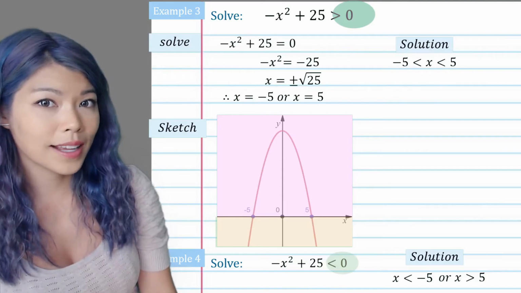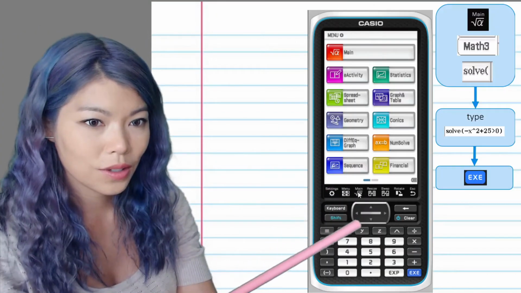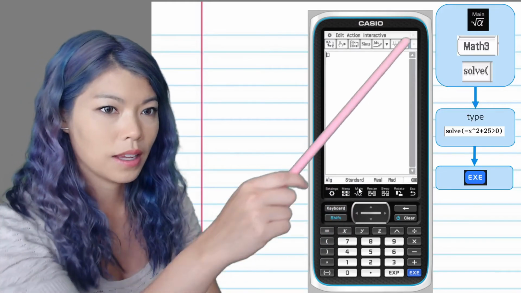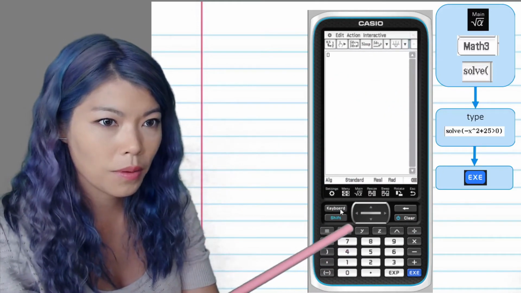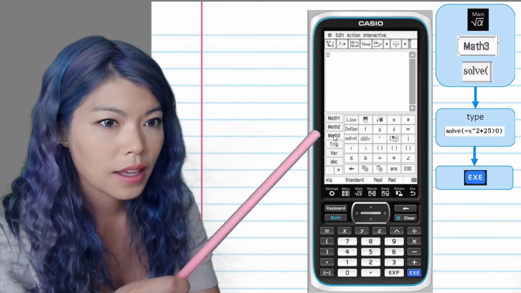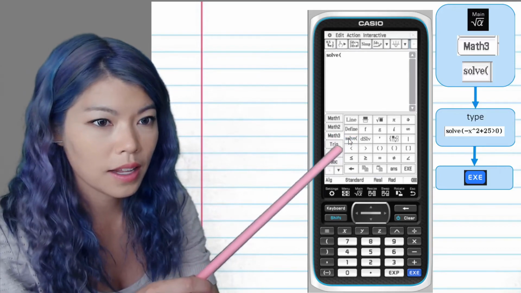We can do this using the CAS as well. Let's try that. Let's go to main, and then we click on the following things. Math 3, so you have to click on keyboard to find math 3, which is there, and then find the solve button, which is there, and then type in your equation.